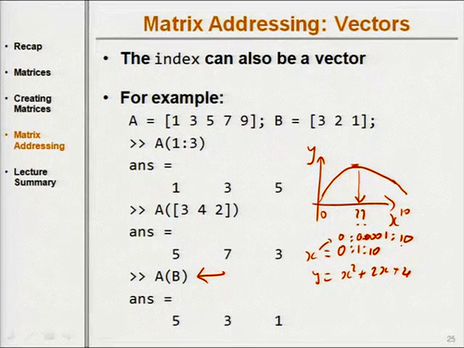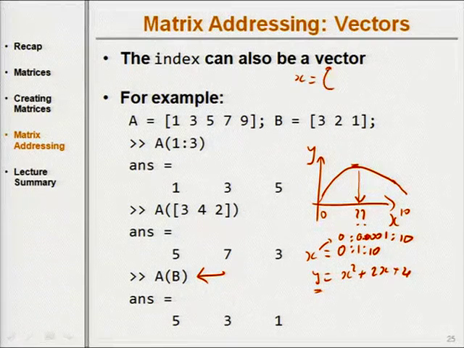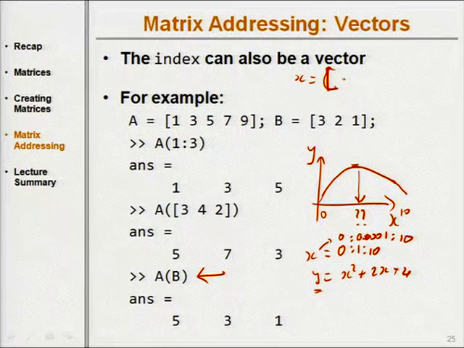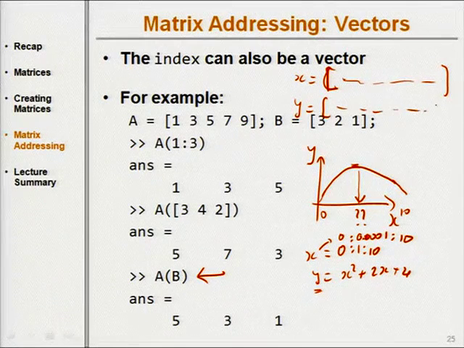Doesn't matter, the computer is working it out for us. Then we calculate the corresponding Y. So what we end up with is a vector X that contains a bunch of values, and a vector Y that also contains a bunch of values.